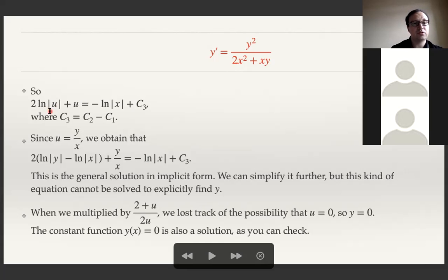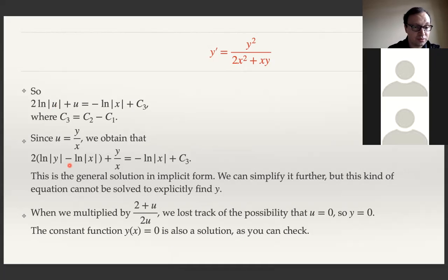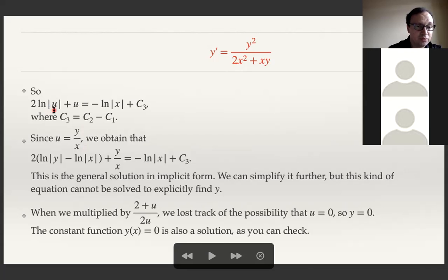However, we want to solve it in terms of x, not of u. So let's at least do this extra step. Namely, let's obtain the implicit solution as a function of y and x. Let's replace u back by what it was, y over x. Then natural log of absolute value of u is natural log of absolute value of y minus natural log of absolute value of x.